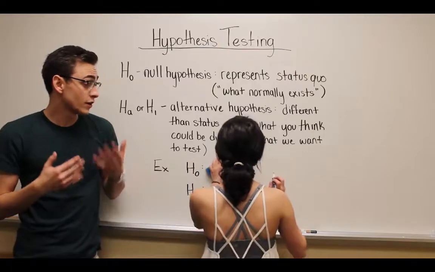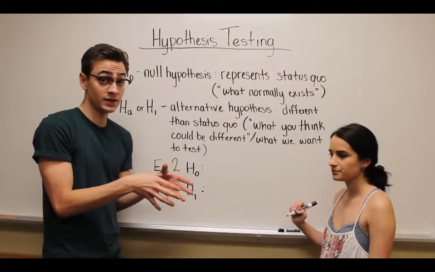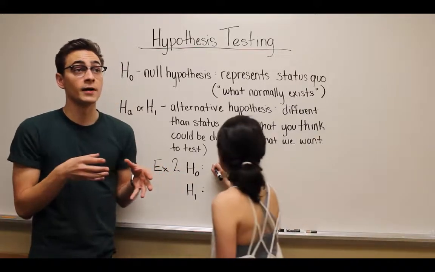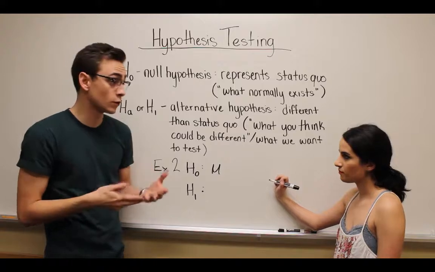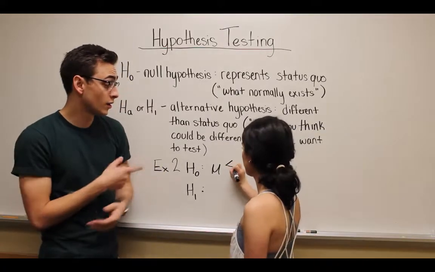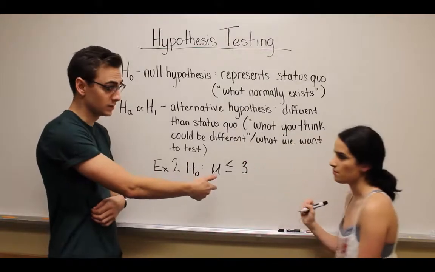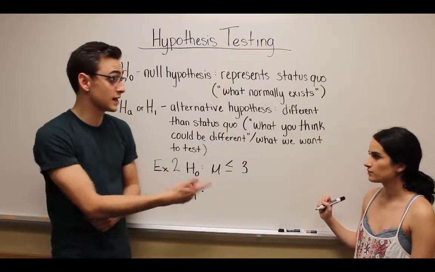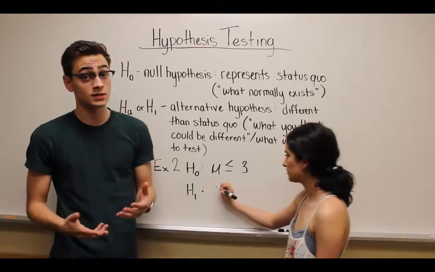So now let's go to another example where we say, okay, it's assumed that the average is 3, but we think that people eat more than 3 meals a day. Maybe people eat 4 meals a day. So our null hypothesis there is that the mu, the average, the mean of meals eaten per day, is less than or equal to 3. So we have to have the equal in the null hypothesis at all times.